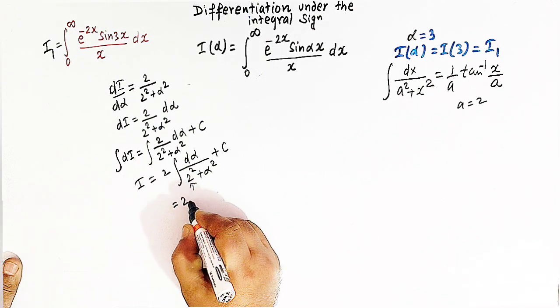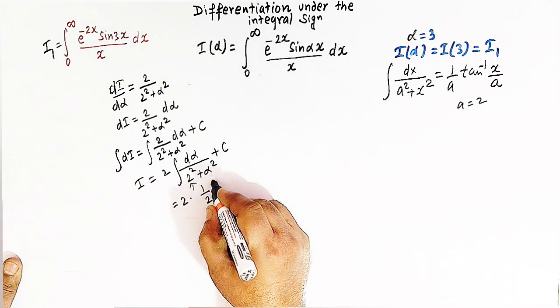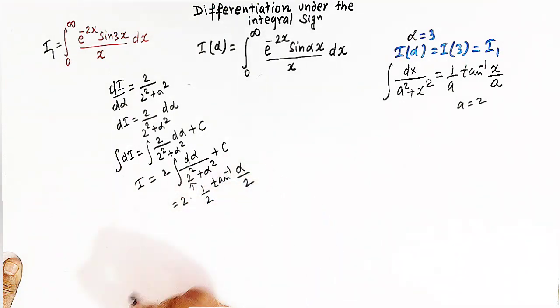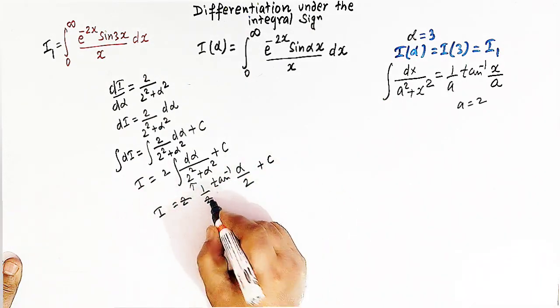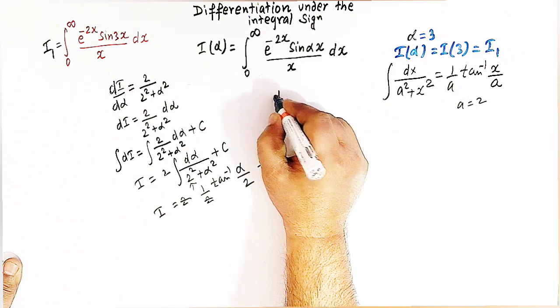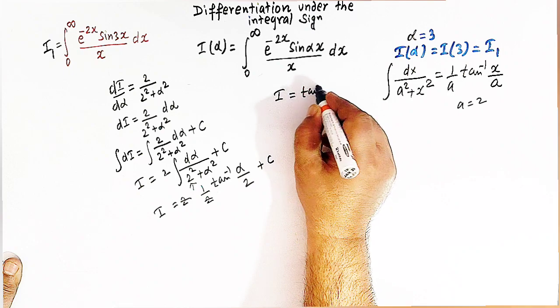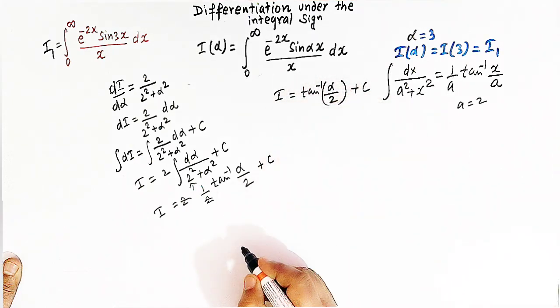So we have 2 times 1 over a, which is 2, and we have here tan inverse alpha over 2 plus c, right? Now this 2 and this 2 get cancelled, so now we are left with I is equal to tan inverse alpha over 2 plus c, right?